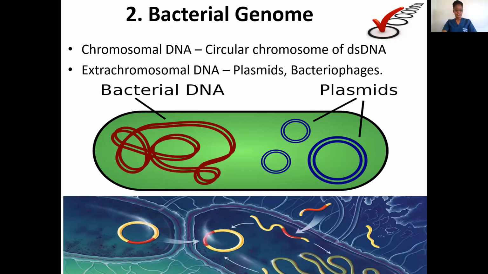So the second objective was the bacterial genome. For the bacterial genome, we have both chromosomal DNA and extrachromosomal DNA. From this diagram, you can see that on the left here, this is the chromosomal DNA. And then on the right, we have extrachromosomal DNA where we expect the plasmids and the bacteriophages.